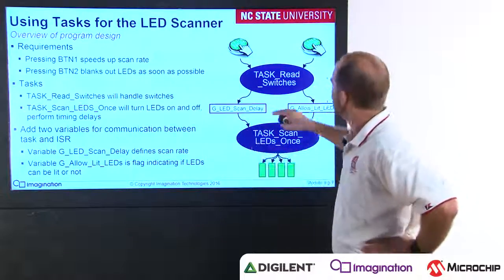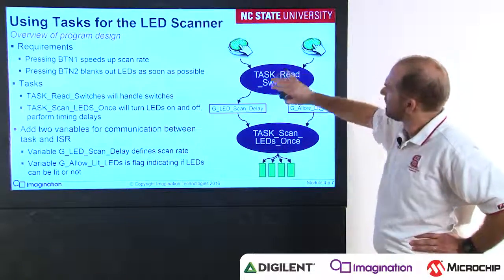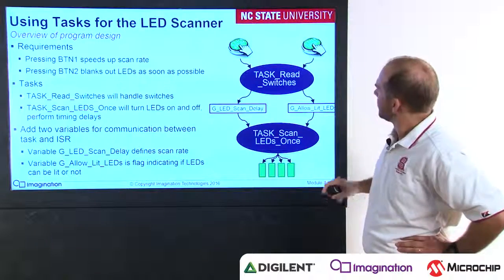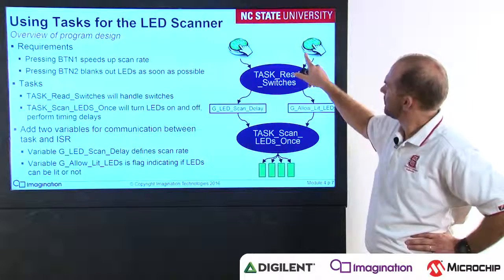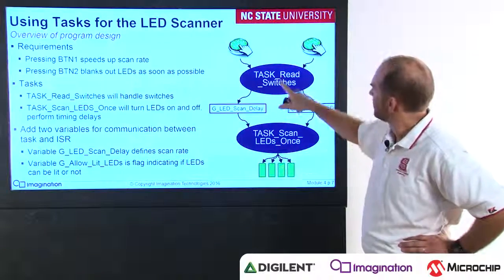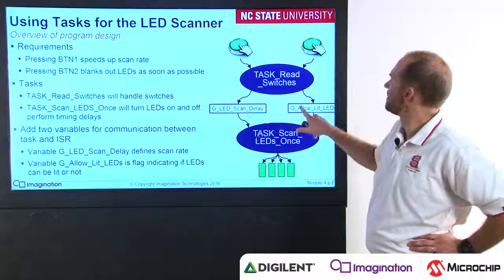And we show how to use this task structure for our LED scanner. So we have one task that reads the switches, and we have another task that scans the LEDs, and they communicate using shared variables.